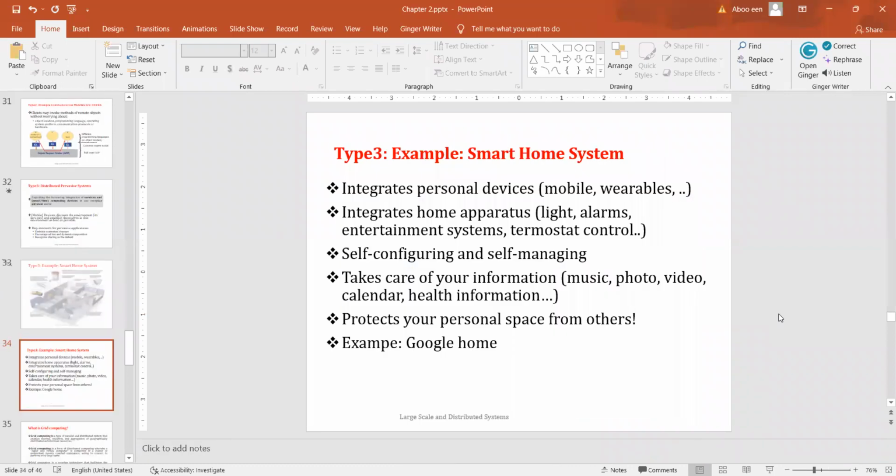So here you see some smart home systems or devices that integrate personal devices like mobile phones, smartphones, and wearables, IoTs. Wearables mean wearable devices like, let's say, smart watches.